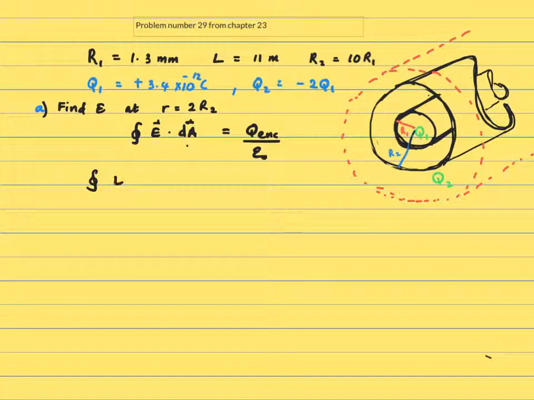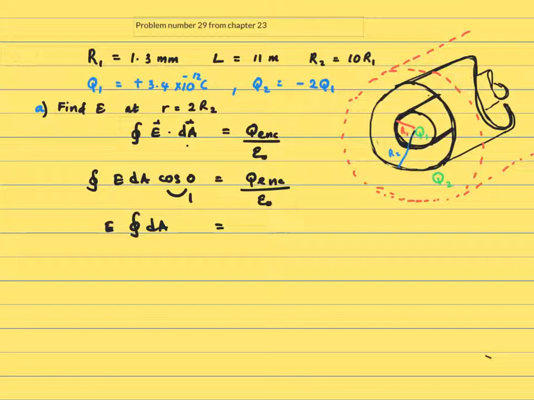If you want me to write down what I just said, this is what we have, and this side you have Q enclosed divided by epsilon naught. Cosine 0 is 1 and E is constant, so you take it out, and then we have the loop integral of dA, which is the area of the Gaussian cylinder. And this side we have Q enclosed over epsilon naught.